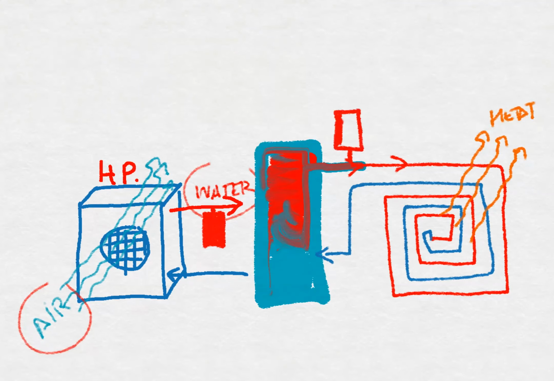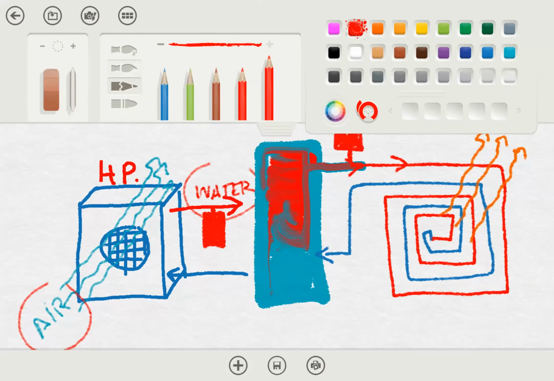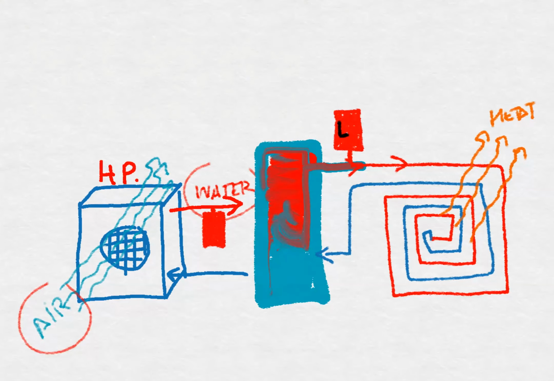So one before or between the heat pump and the buffer tank, and another between the buffer tank and the radiant floor. Okay, so I would name this as expansion tank, ET.